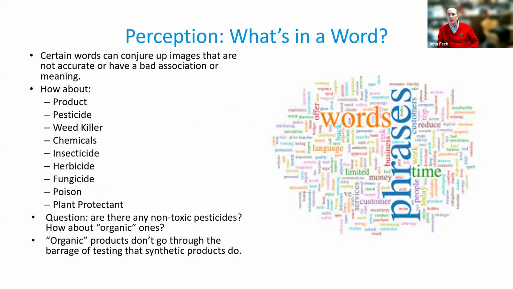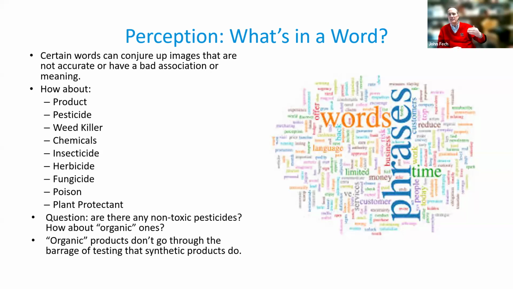Thinking now about perception, words mean things, and they can conjure up images that are either accurate, positive, or not accurate, and maybe not positive or have a bad association. We've got a list here of different horticultural, agronomic, landscape, green industry types of words that we use, nomenclature and jargon there.